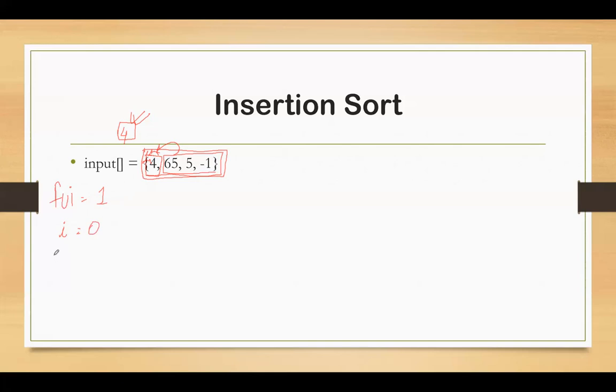The next variable we'll take is new element. This is the one coming from the unsorted partition, which is the value at first unsorted index, which is 65 in our case.